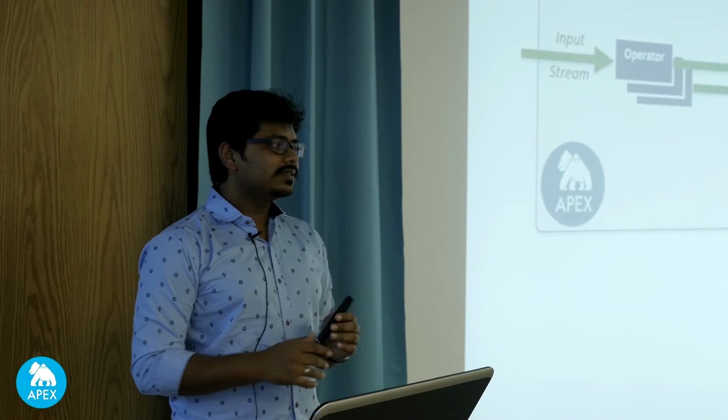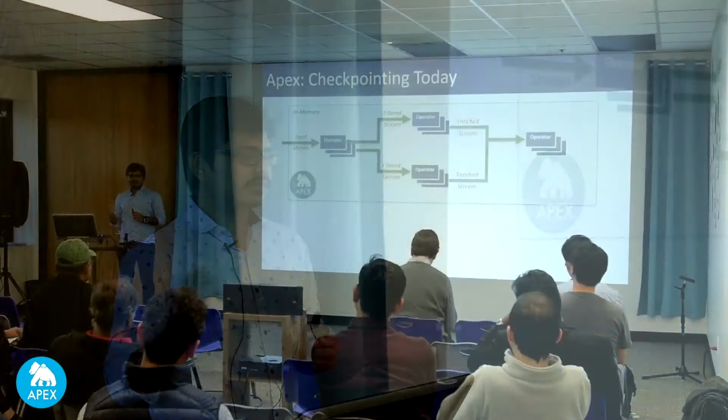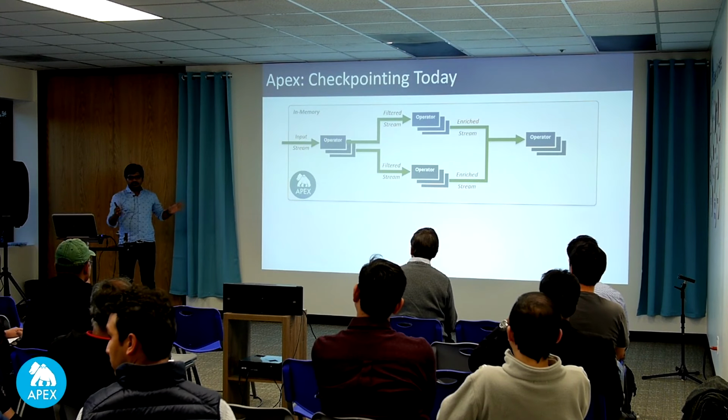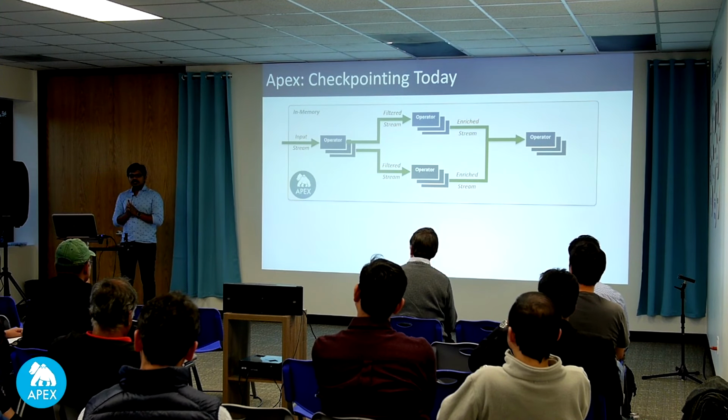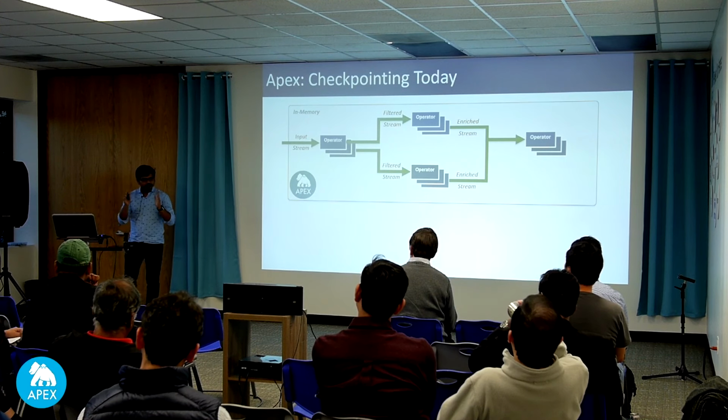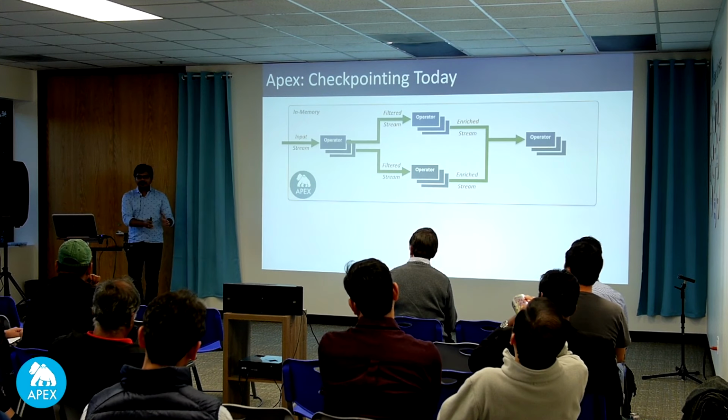Apex has a concept of windowing. At configured windows, the Apex platform ensures that the state of the objects of all operators gets checkpointed. So in case of any node failure, Apex will be able to restore that particular operator from the last checkpointed state, ensuring that the DAG can recover from node failures.